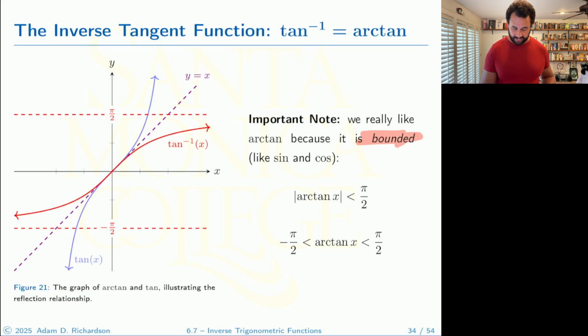In fact, arctangent of x is bounded between negative pi over 2 and pi over 2. And bounded functions are just great because they don't deviate too far and bring in infinities and things like that. So keep this function and this graph in mind in this class, but also when you get into Calc 1 and in particular Calc 2, where you will see it show up a lot.